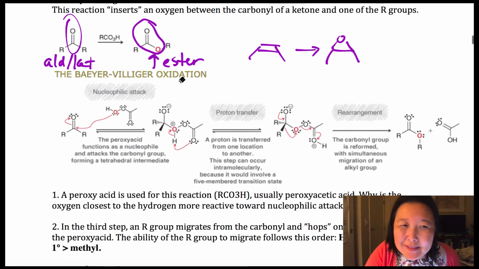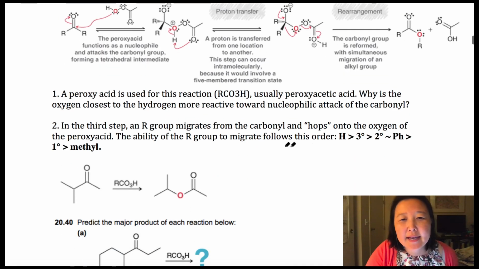Okay, so the way that this works is often if it's a symmetrical aldehyde or ketone, then you just stick the oxygen in either side. But if it's asymmetrical and the two groups are different, then it follows a kind of priority system.